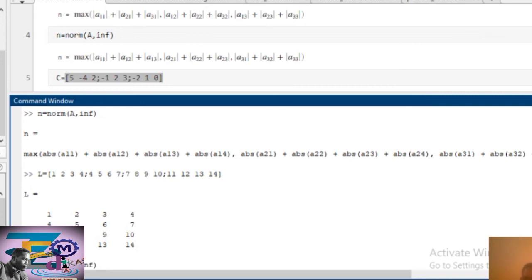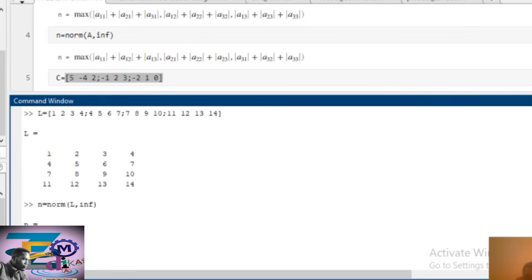For this case, the norm of the matrix will display in such a way. Look here. So the norm of the matrix is what? 50.